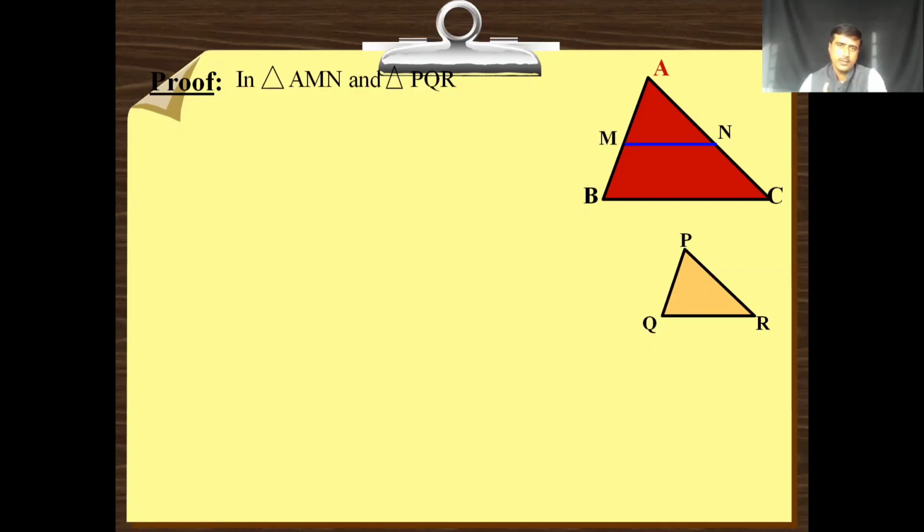So we are using the SAS congruency criteria. Remember, this angle P is equal to angle A. How do you know that? Very simple. It is given in the statement, that is data. So here I am considering angle MAN of triangle AMN and angle QPR of triangle PQR. They are equal. And how did you come to know?